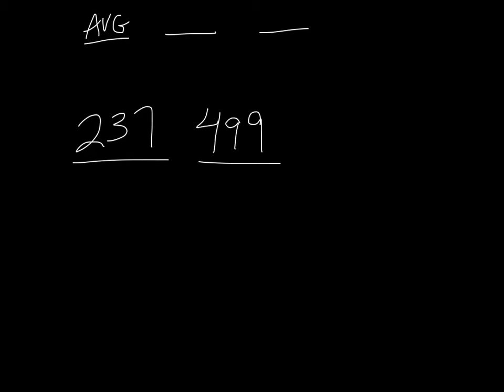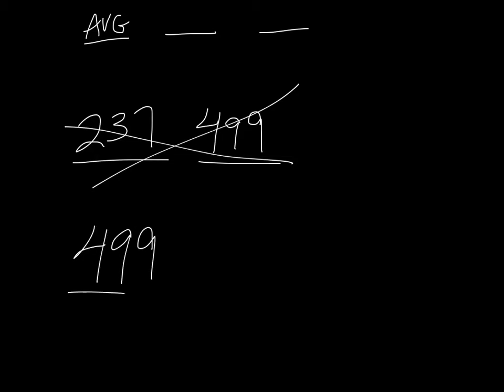No, wait. You've got to pick a number bigger than 250, and I'll show you. Let's say you picked 499. And then I pick 497. What's the average of 499 and 497? 498.